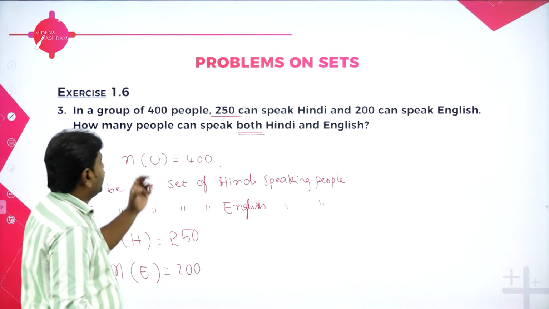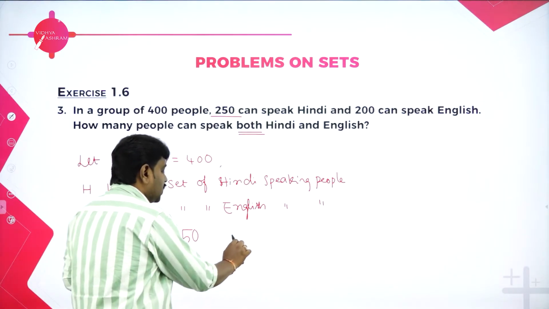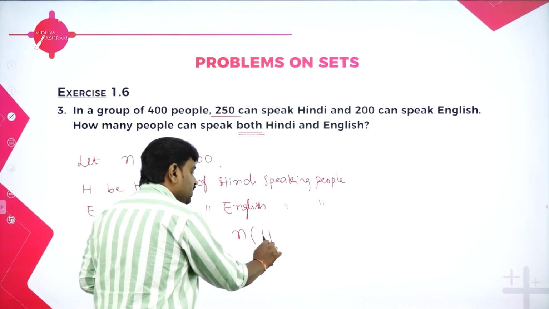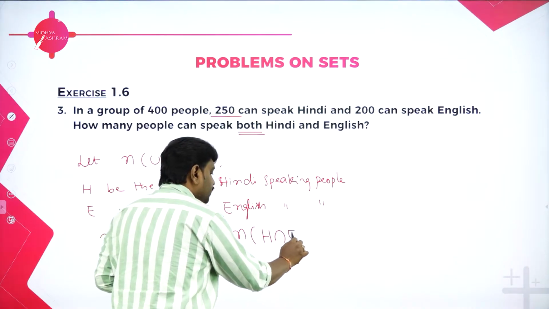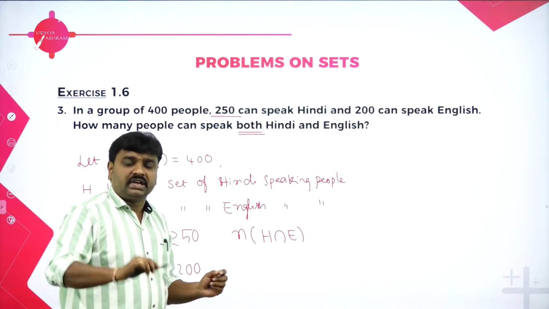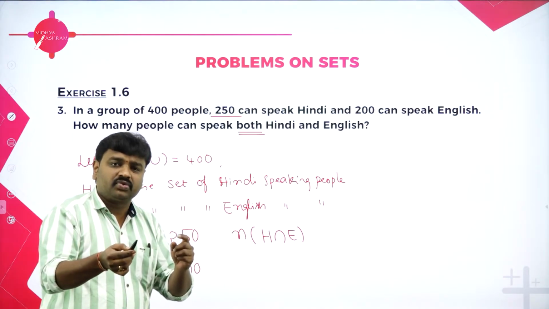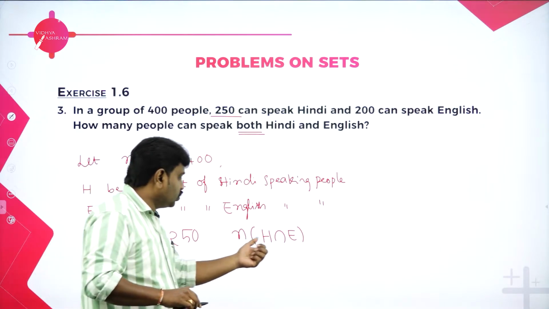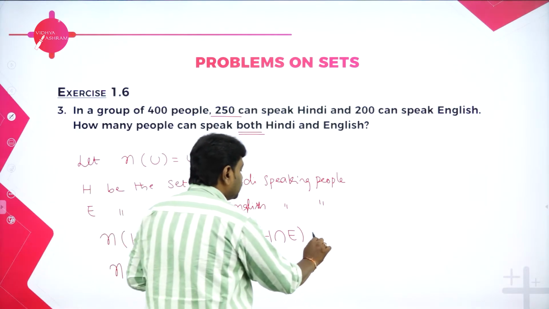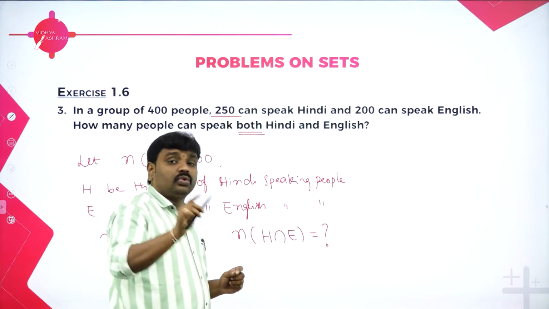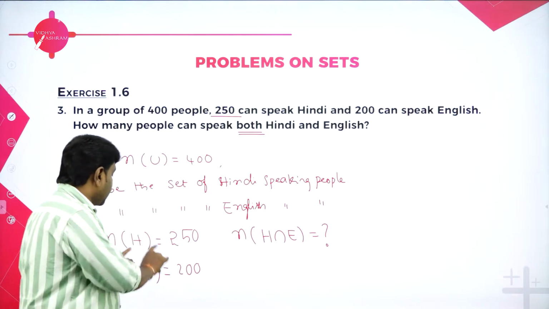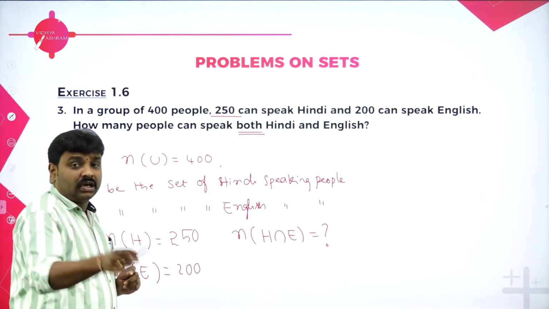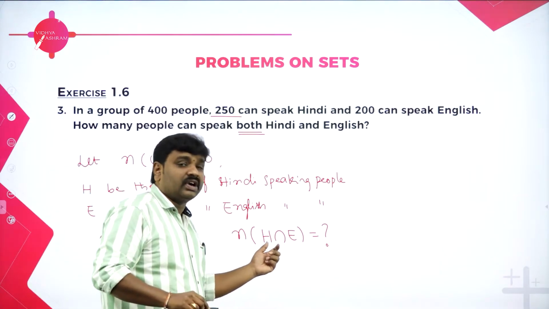And they want you to find how many can speak both. Both means H intersection E. All of you understand? Intersection means common elements, which belong to both the sets. So when they ask you to find both, you do the intersection operation. First you should be able to read the question, write what is given in the form of sets, and also write the required set operation.